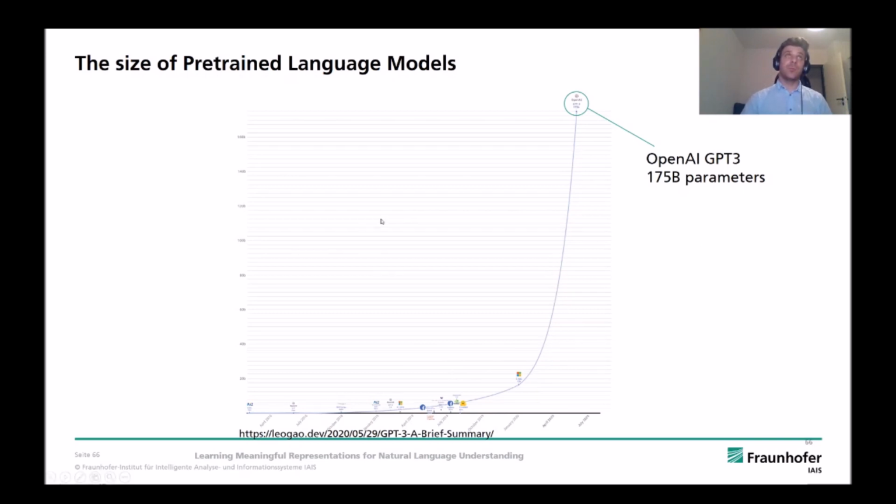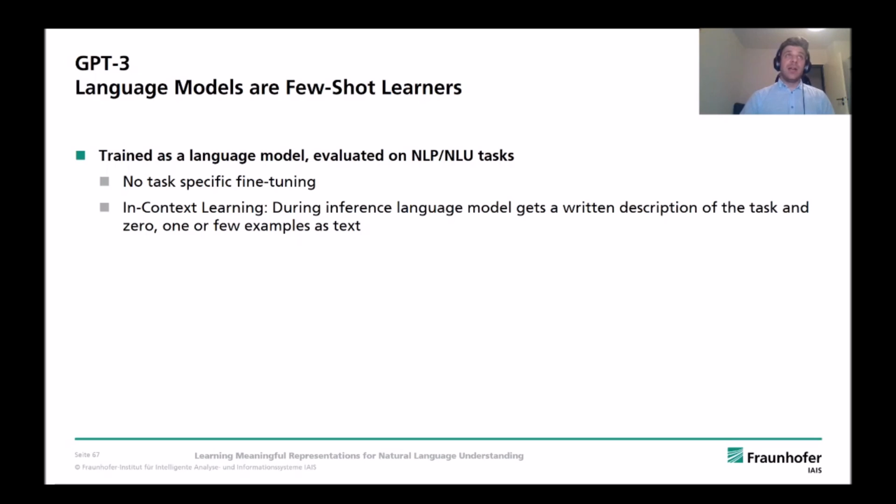Now, with GPT-3, OpenAI did something fascinating. Again, they trained it as a language model, and they used tons of text. But this time, instead of evaluating it only on language modeling tasks, they also evaluated it on NLP and NLU tasks.